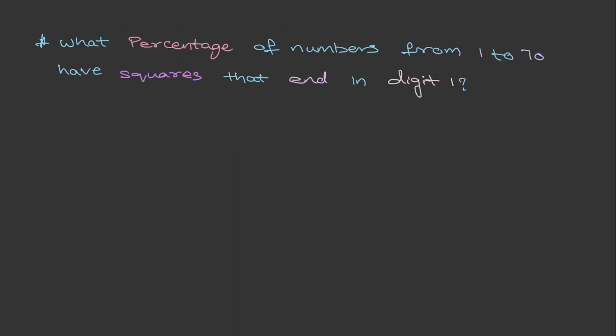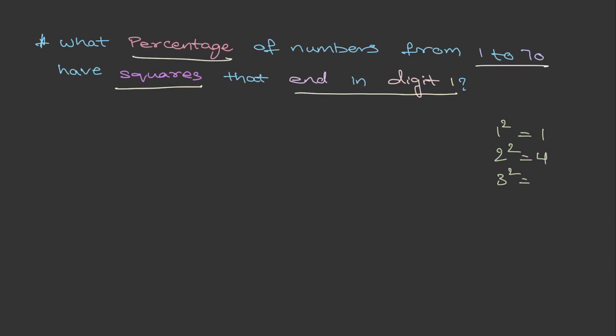Let's see another question of the same type. In this, they're asking us to find the percentage of numbers from 1 to 70 having squares that end in digit 1. So here in this question, what they are asking is squares of numbers, that is 1 square, 2 square, 3 square and so on. 1 square gives us 1, 2 square gives us 4, 3 square gives us 9, 4 square gives us 16, 5 square gives us 25, 6 square gives us 36.